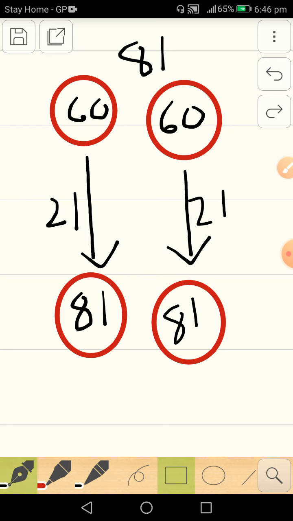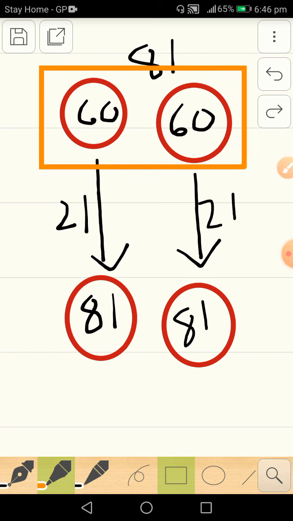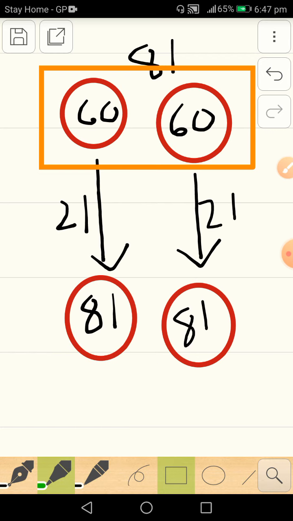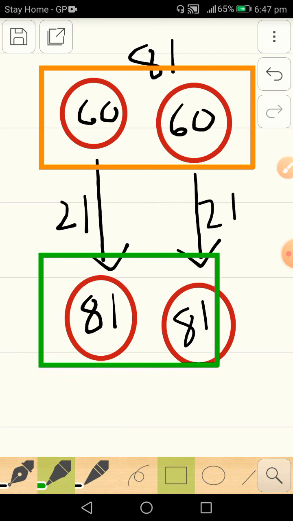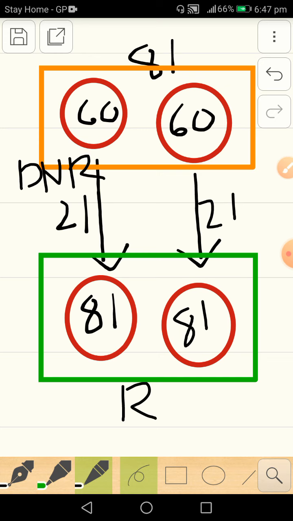Okay, so here they will not carry out any reaction, but over here they will carry out a reaction. Okay, so here the particles react, I'm writing R, and here the particles do not react.